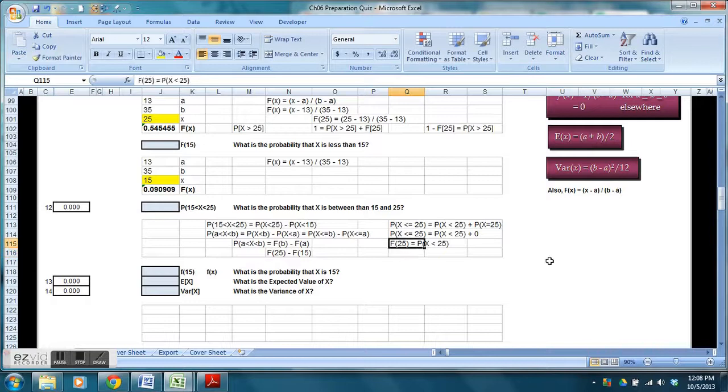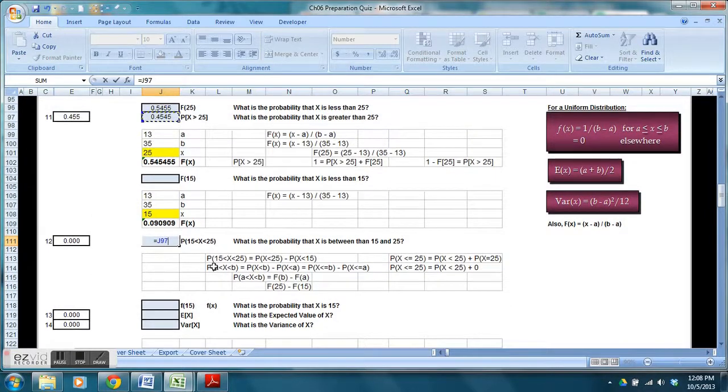So, this is how we are coming up with that caveat. Anyway, so let's just plug this in and solve for it. This equals F of 25, this guy, minus big F of 15, this guy. And looks like we forgot to put our F of 15 in there. Now we're good to go.